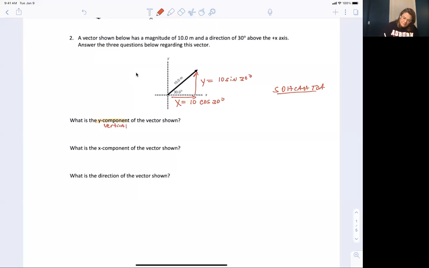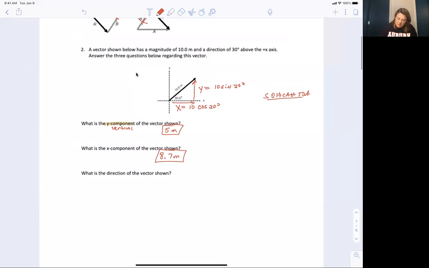And so that would be 10 times sine of 30, 5 meters. And the x component would be 10 times cosine of 30, and that would be 8.7 meters. Okay.